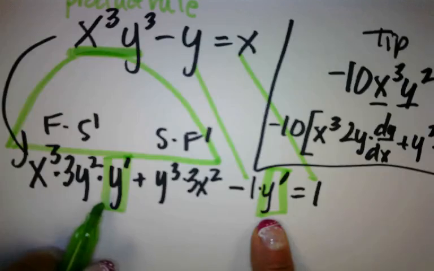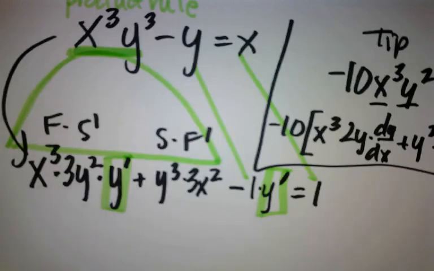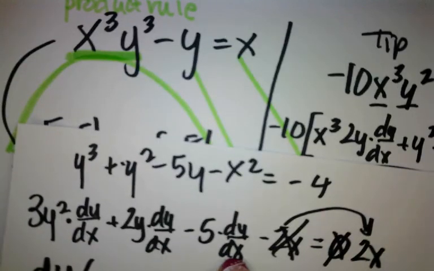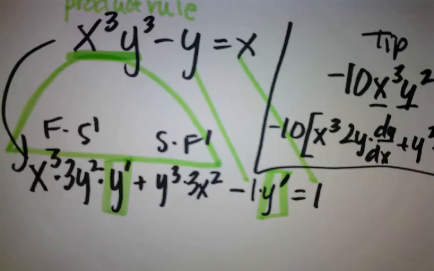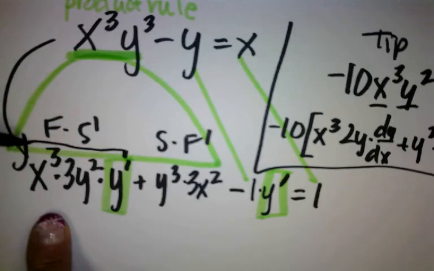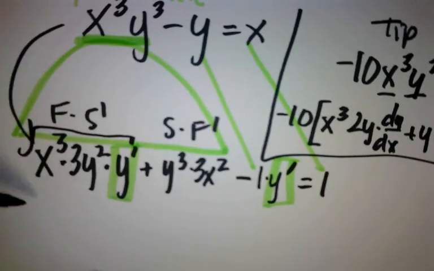You'll see this in the solution manual, but that's a reason, when I look at this in comparison, that definitely stands out. Now, I'm going to have to do a little bit more work here to get the y primes alone, and it also helps, you need to recognize this is all one term. I would write this as 3x cubed y squared times y prime.